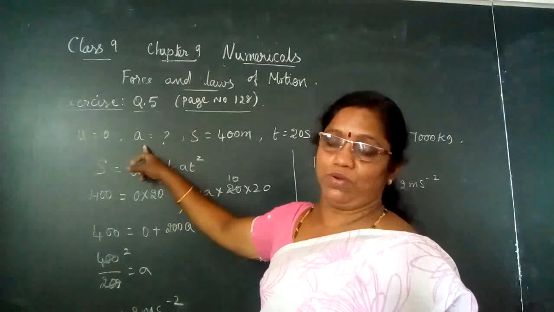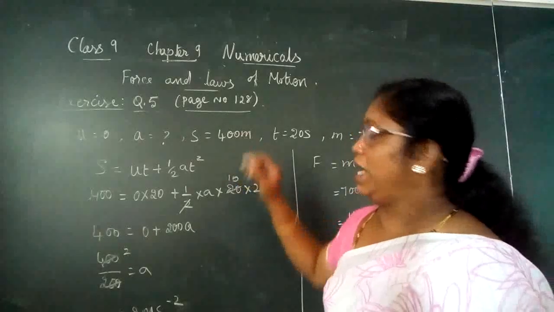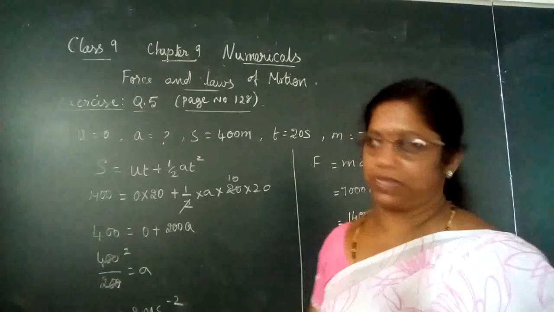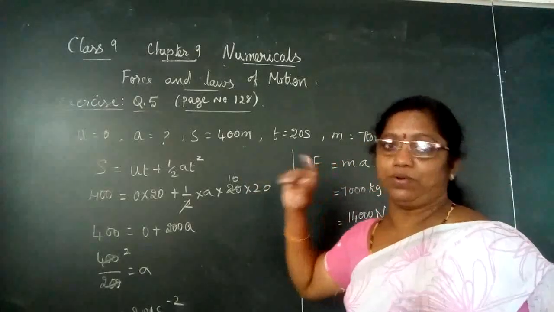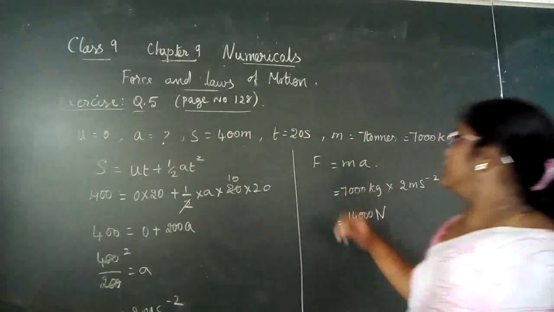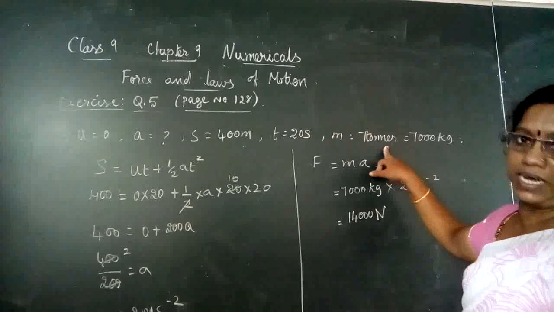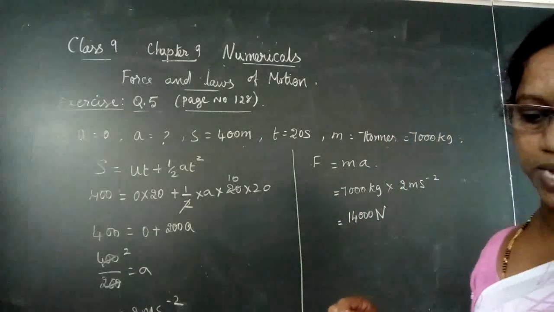But the value of the acceleration is not given. That we have to find out. And the distance the truck travels is 400 meters in a time of t is equal to 20 seconds. And the mass of the truck is given as 7 tons. 1 ton is equal to 1000 kg.